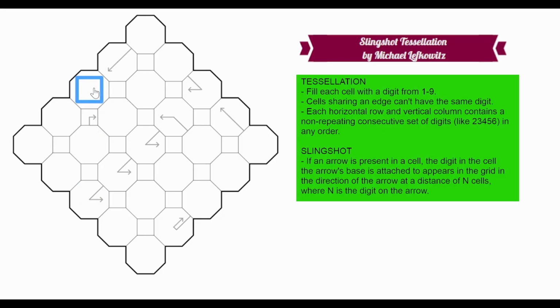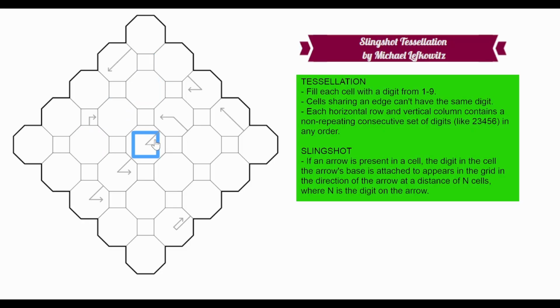So we can have like 2, 3, 4, 5, 6, but they can be in any order. They can't repeat, and they have to be a consecutive set, like that works. But we can't have say that, because those aren't consecutive, the 8 is not a full consecutive set. So that's not allowed. That's the rules for the tessellation.